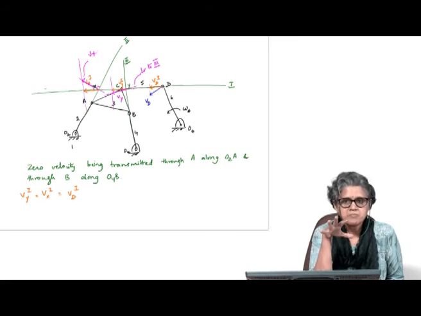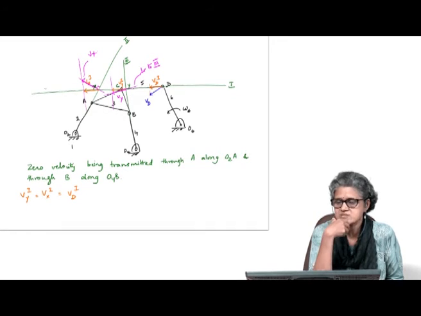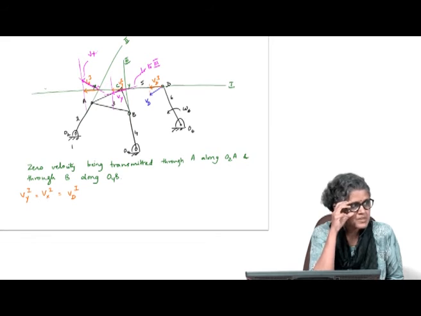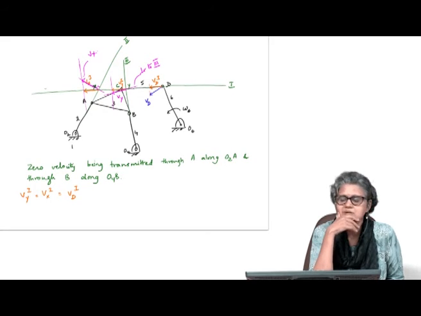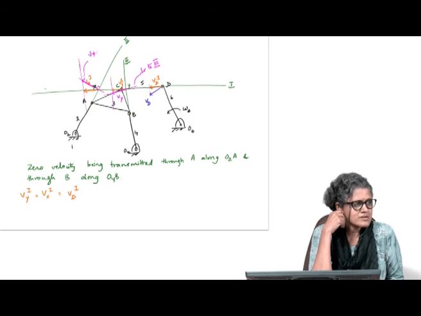When the coupler link, the floating link, is a ternary or higher order link, it induces complexity in the mechanism, and the auxiliary point method is a very versatile method for analyzing these kinds of mechanisms. You can modify the method.